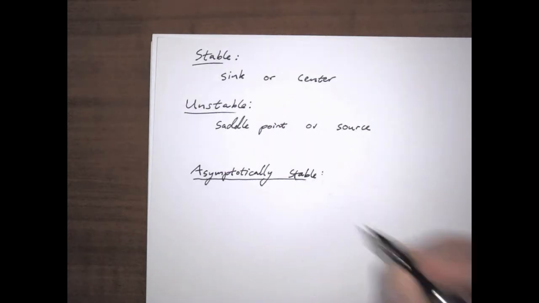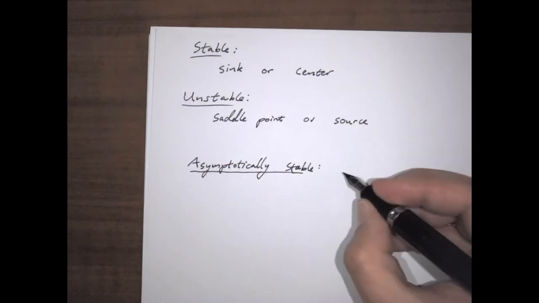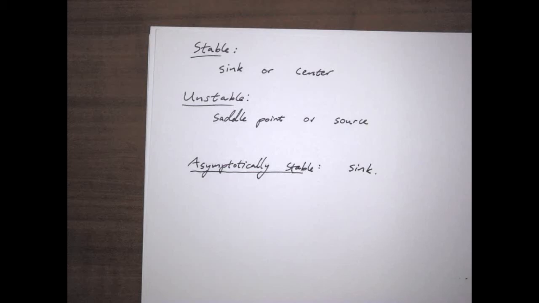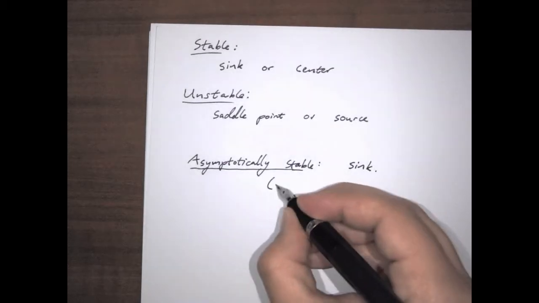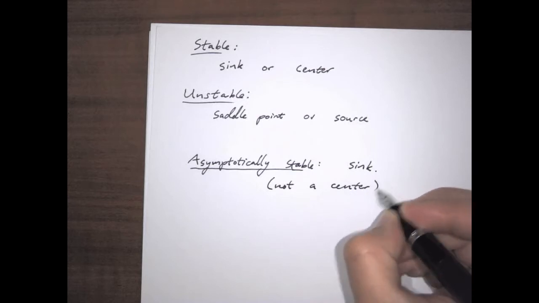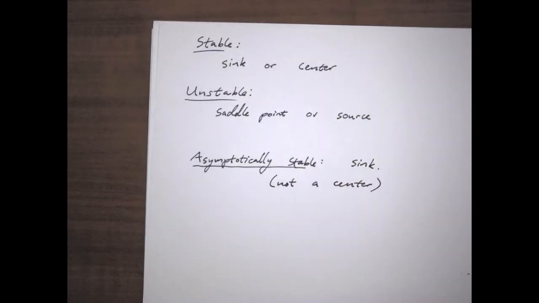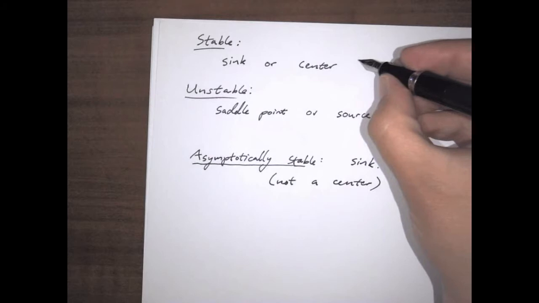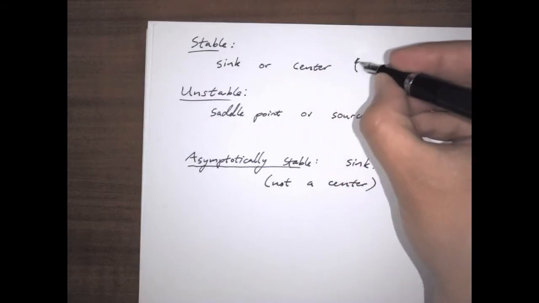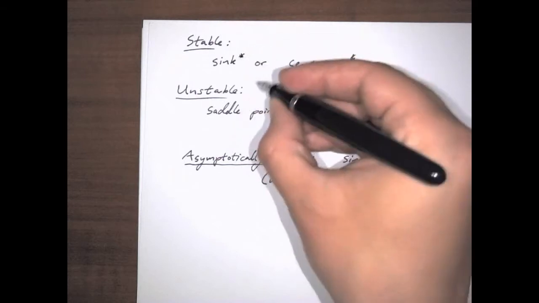Which means basically stable but not a center. So in other words, just a straight up sink. Not a center. Sink or center, and by sink here we are including spiral sinks, so I should make a note of that.